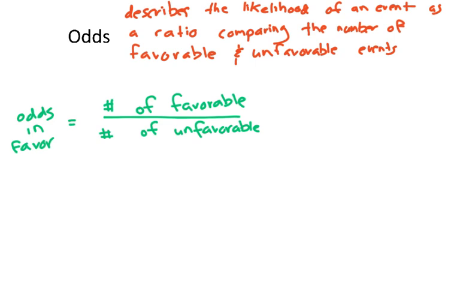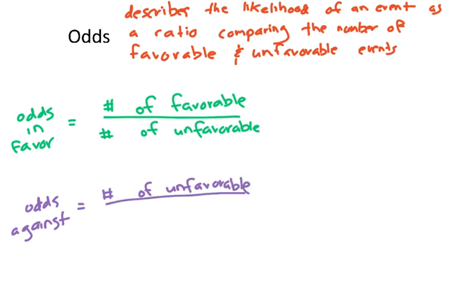Now, sometimes it might ask for the odds against. And the odds against an event happening would be the number of unfavorable to the number of favorable.